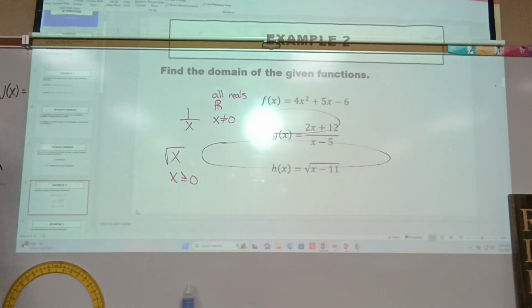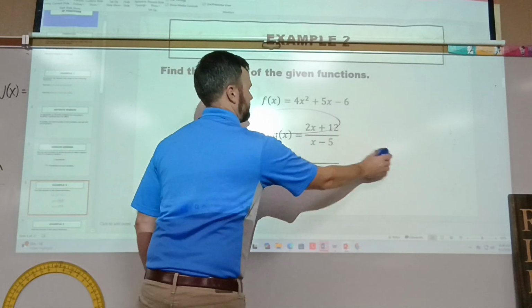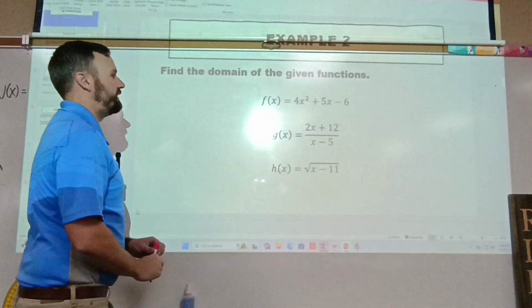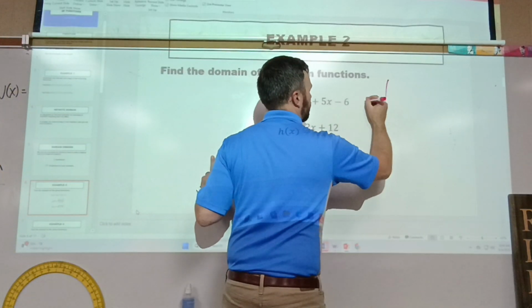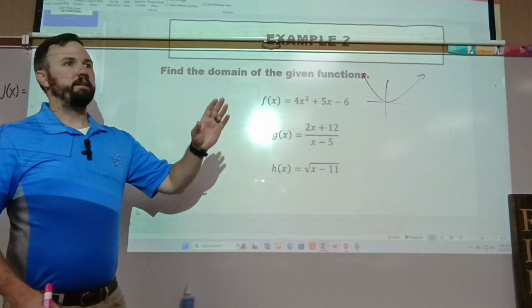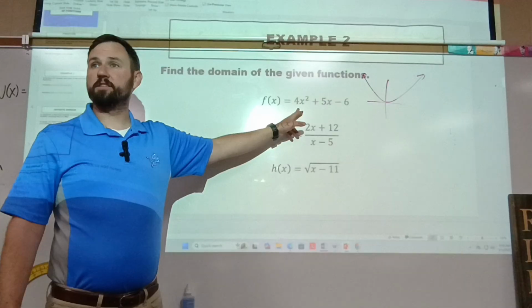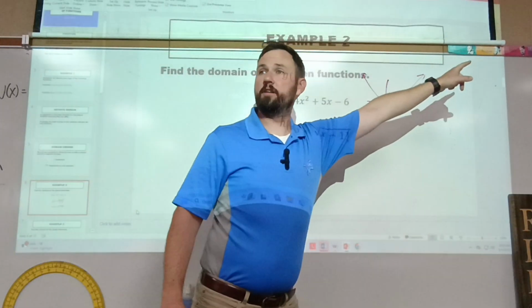All right, find the domain of these beasts. It looks scary. This function, if you graph it, just looks like this, right? Is there anything I can't plug in for x? Can I plug in 0? Is it going to go that way forever?